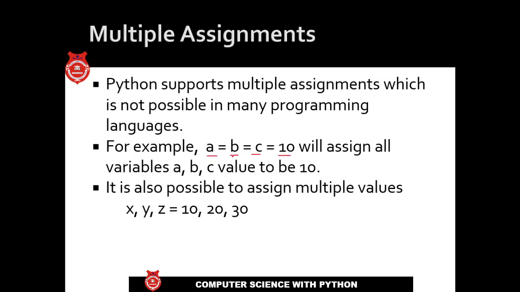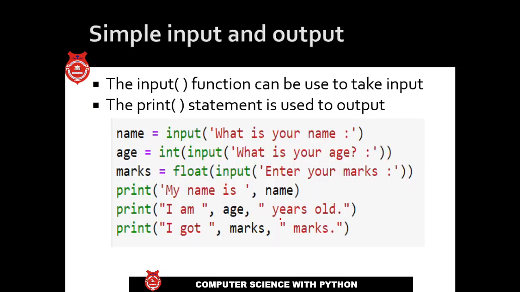This means that the value of A will be 10, the value of C will be 10, the value of B will be 10. And it is also possible to give assignment like this: x comma y comma z equal to 10 comma 20 comma 30. That means the value of x will be 10, and the value of y will be 20, and the value of z will be 30. Okay, this is known as multiple assignment.